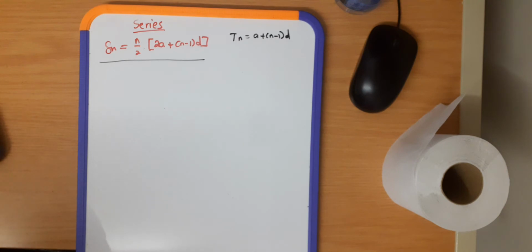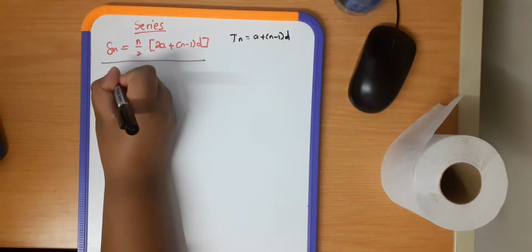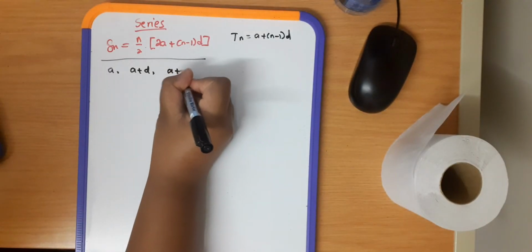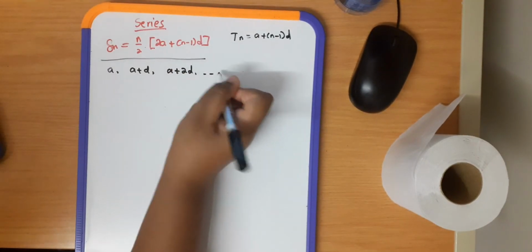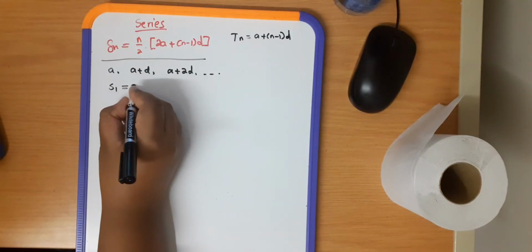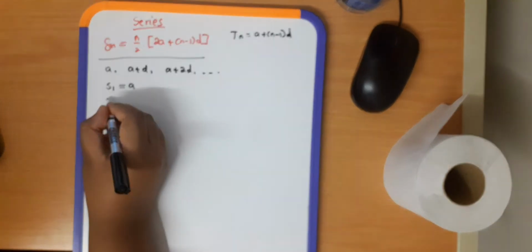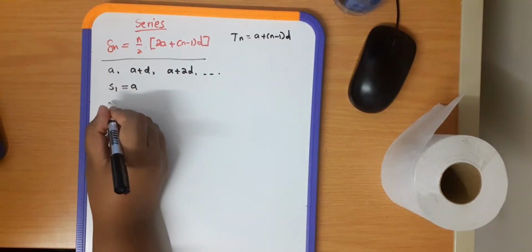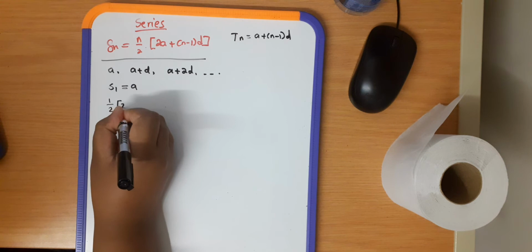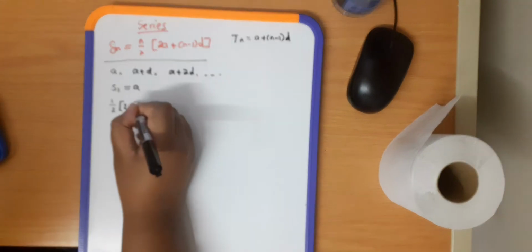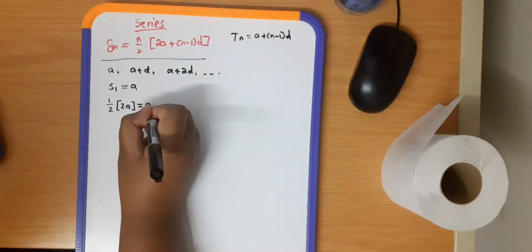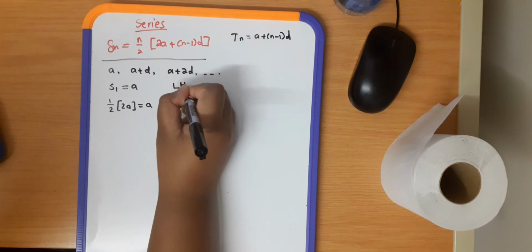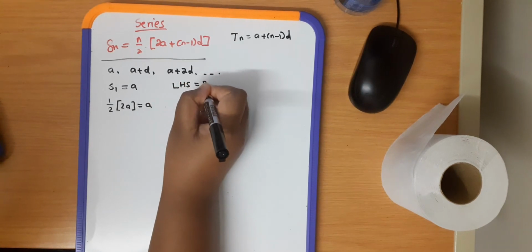The first term is a, then a plus d, a plus 2d, and so on. So the sum of the first term has to equal a. If we substitute 1 here, we have 1 over 2 times 2a, and then that is 0, which equals a. So the left hand side equals the right hand side.